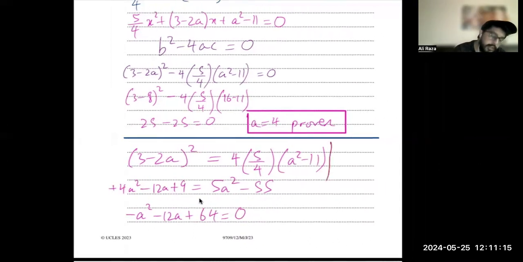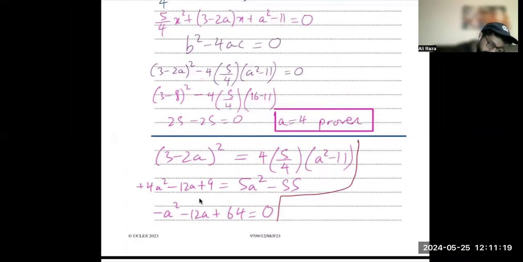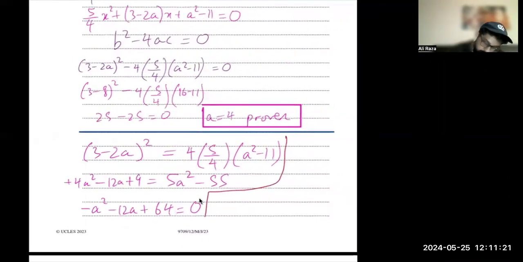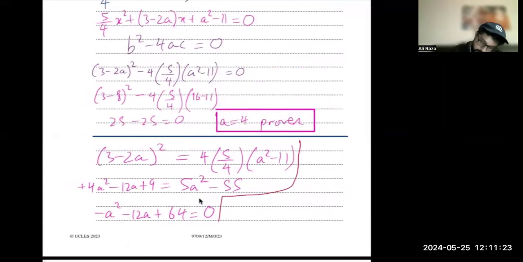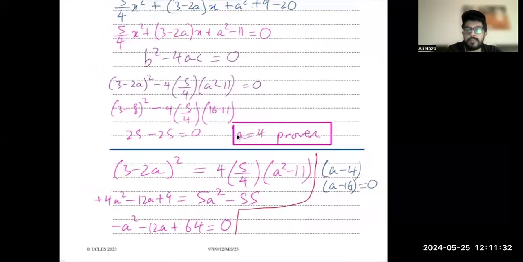Now when I factorize this quadratic, I'll get (a minus 4)(a plus 16) is equal to 0. We already have proven a minus 4, so the other solution should be a plus 16. So the other solution would be a is equal to minus 16.